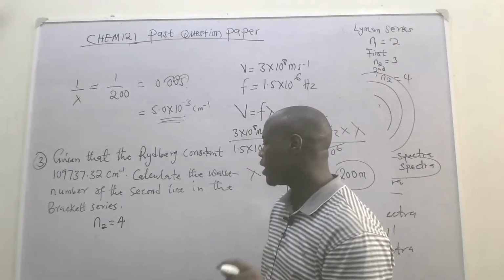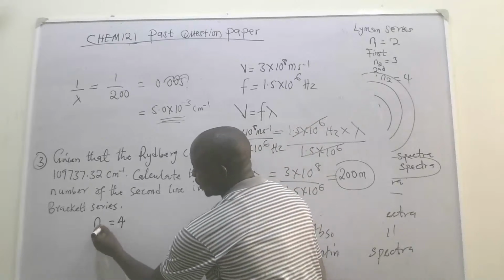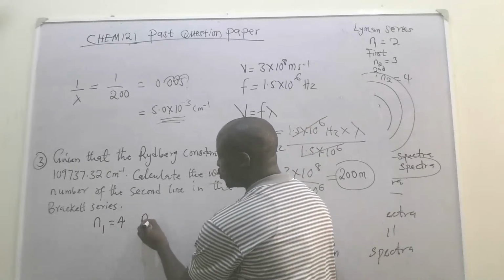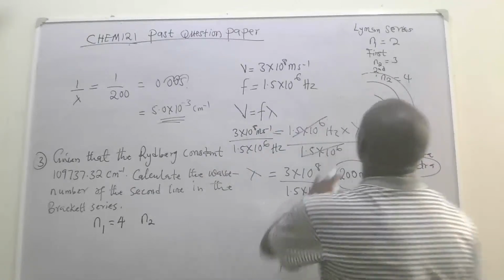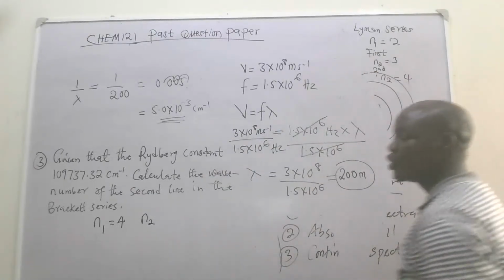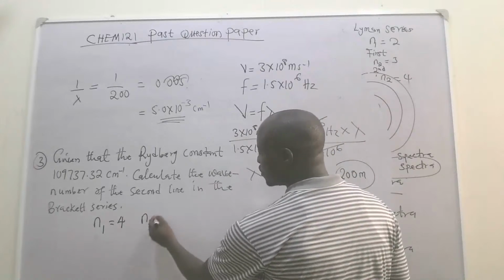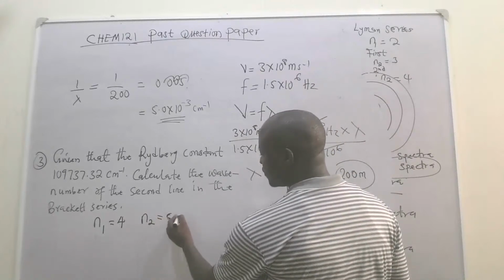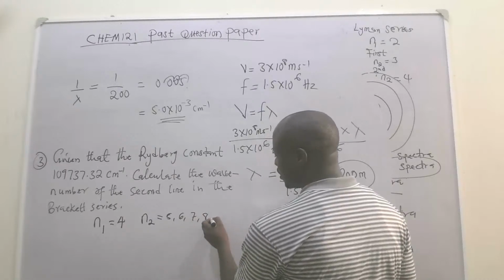So if N1 is equal to 4, what is going to be N2 in this case? Remember, I just finished explaining here. If N1 is equal to 4, then N2 is going to be 5, 6, 7, 8, 9.